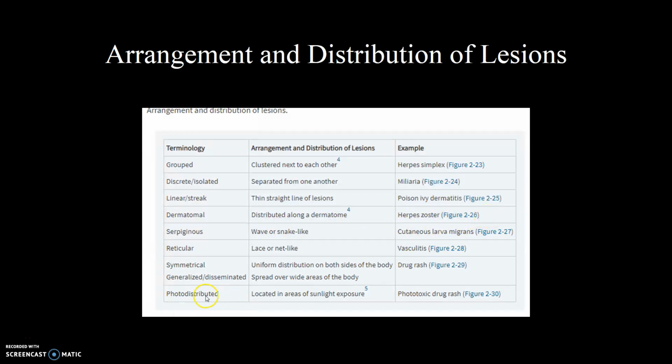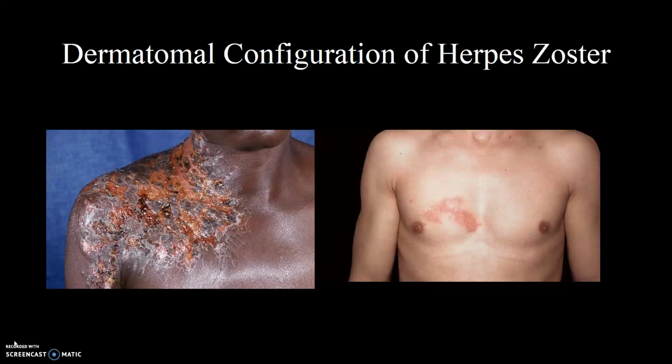Are they photodistributed, in the places that the sunlight hits? This is probably not common language for us nurses, but it becomes common as we are more practiced and become more accurate diagnosticians.